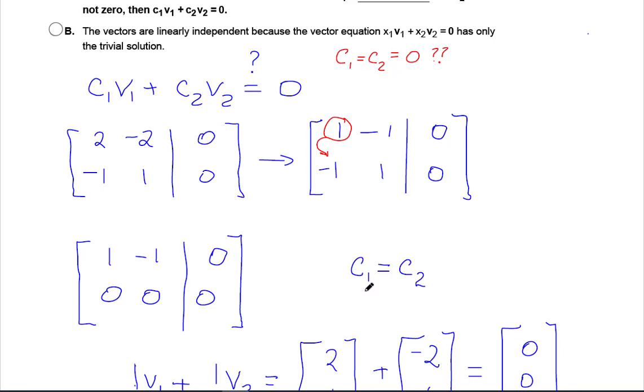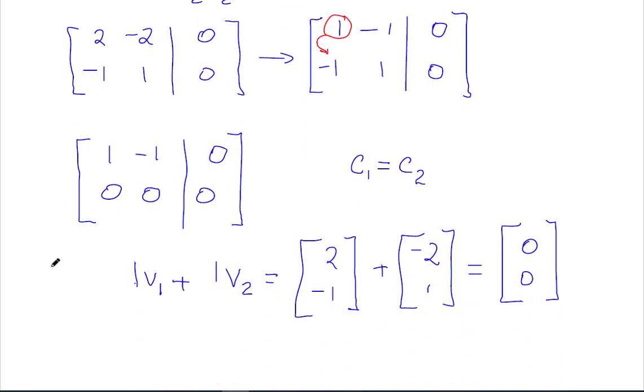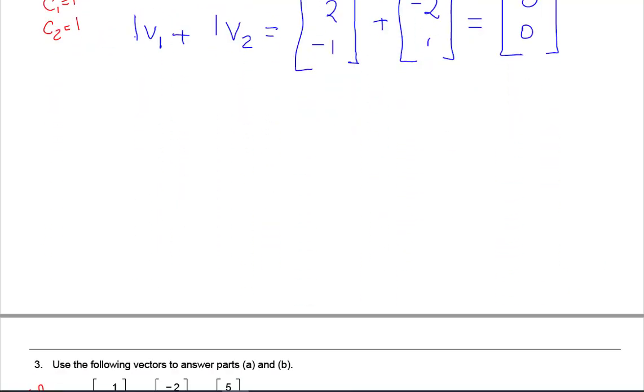So what that tells me is these two vectors will sum to 0 anytime C1 is equal to C2. So for example, if C1 is 1 and C2 is also 1, I add them up and I get the 0 vector. So these two vectors are certainly not linearly independent.